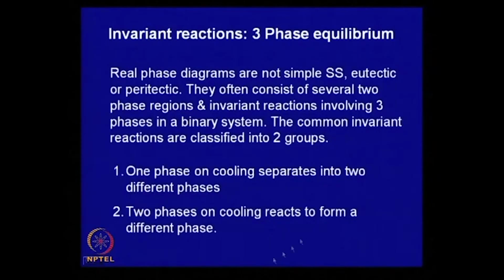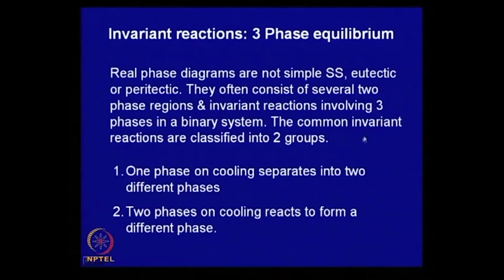So, these two cases we have looked at, but real phase diagrams are not simple solid solution or eutectic or peritectic. They often consist of several two phase regions and invariant reactions involving three phases in a binary system.